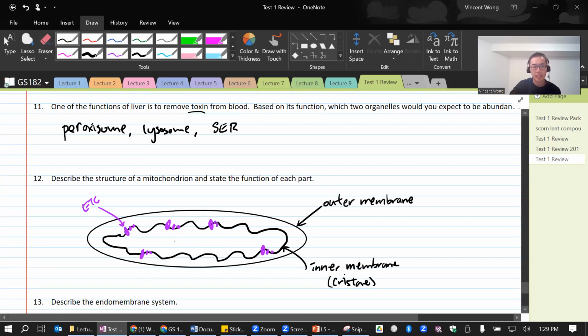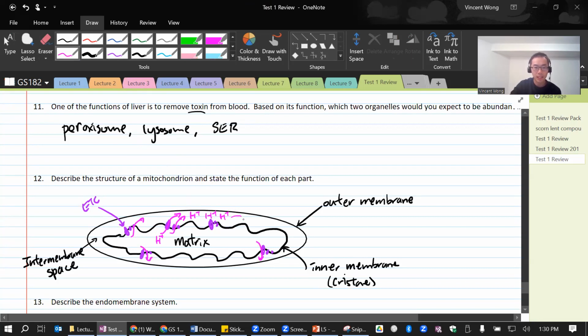This part is the matrix, and this is the intermembrane space. Now, the general idea is we take H plus and we pump it into the intermembrane space. We pump all the H plus in here.